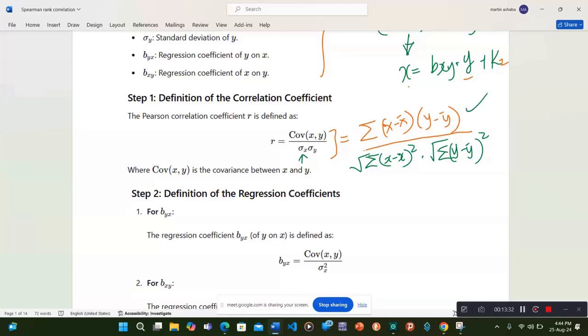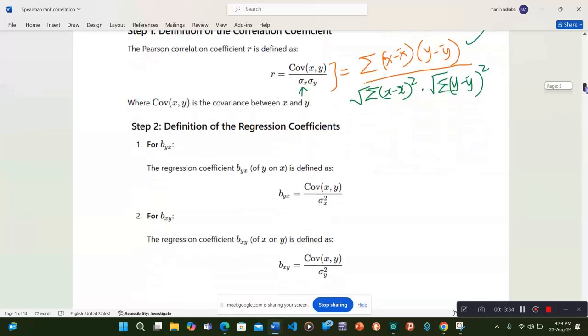Now from there, we are defining the coefficient of y on x. It is given by the covariance between y and x divided by the standard deviation of x squared, or divided by the variance of x.